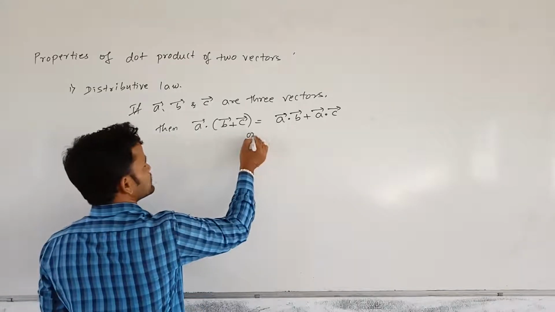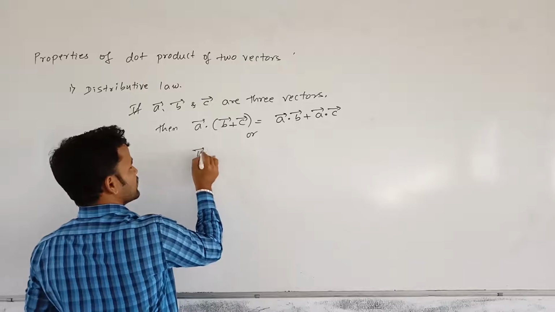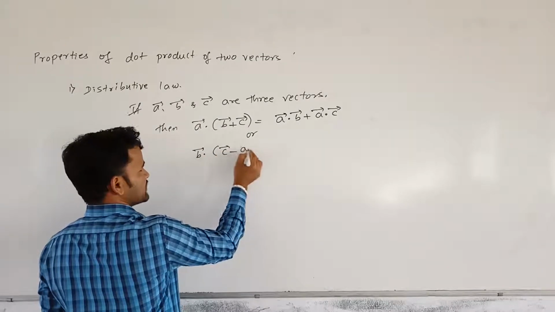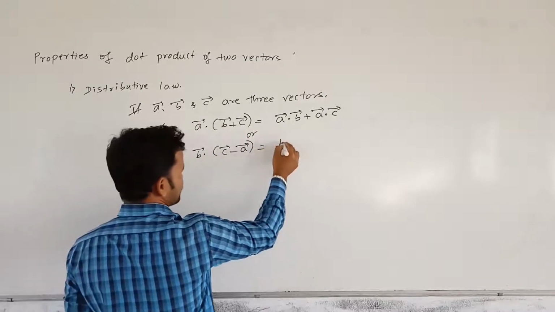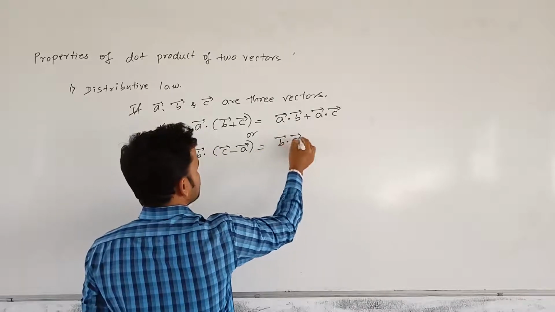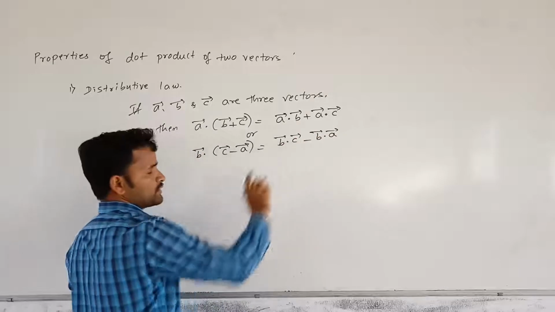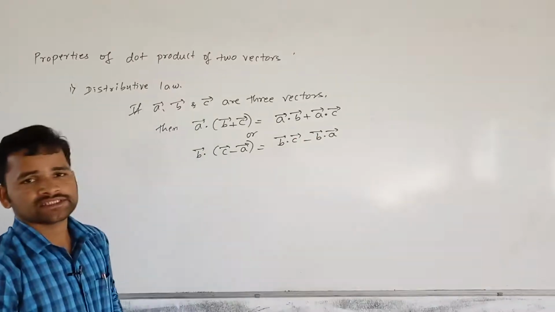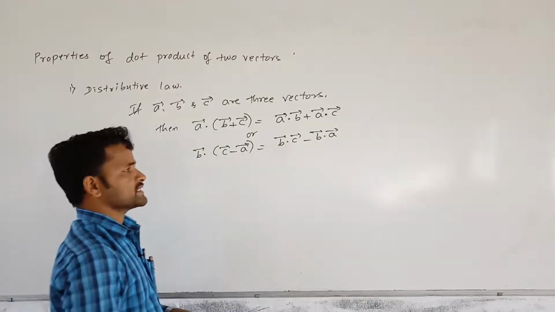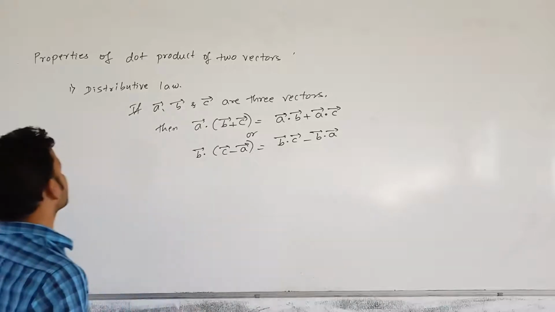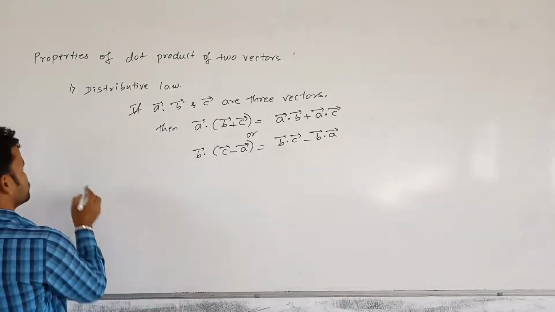Or if I have B dot (C minus A), shall I apply this? Yes, we can apply it as B dot C minus B dot A. We can also write A dot B because we know that the dot product of two vectors is commutative. Fine, this is about the distributive law.